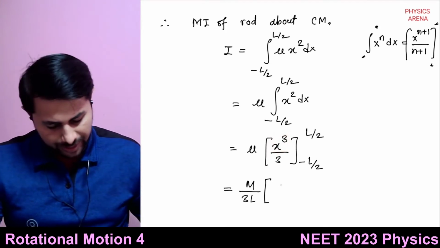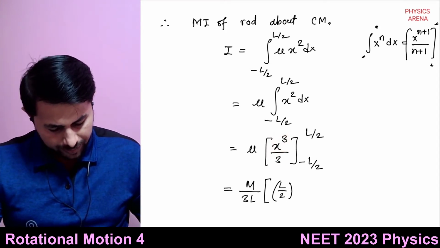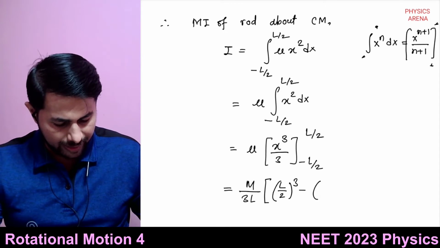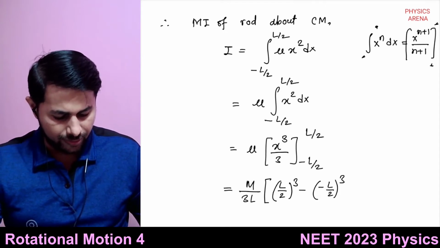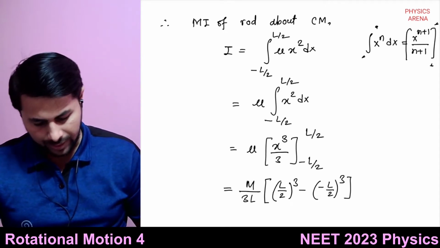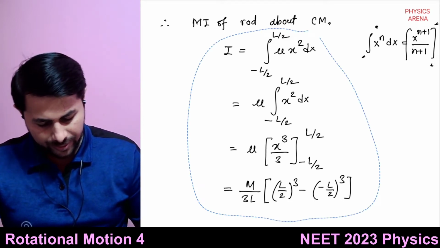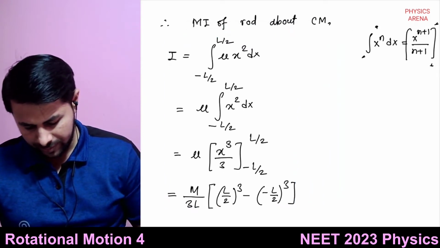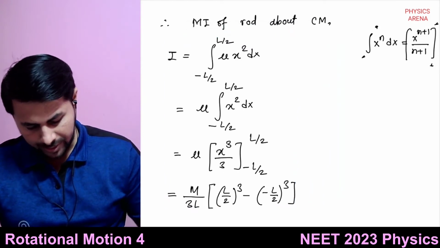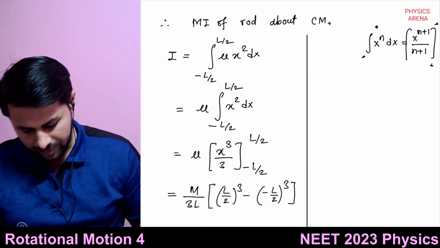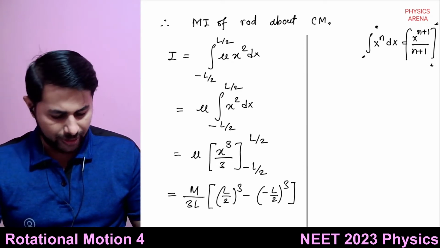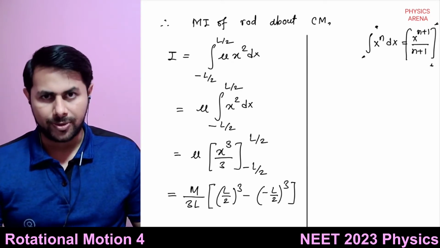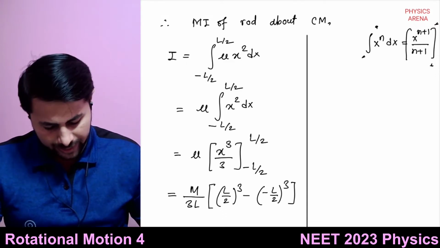So it is L by 2 cube minus minus L by 2 cube. L by 2 cube is L cube divided by 8. So we have L cube upon 8 minus L cube upon 8, that is plus L cube upon 8.